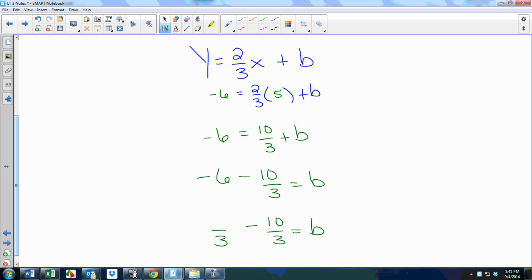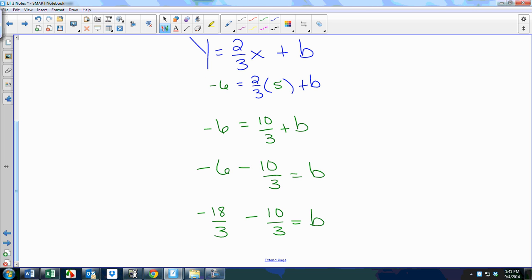So how do you turn a -6 into a denominator 3? Multiply by 3. 6 times 3, that'll be -18/3. If you struggle with that, that's what we're doing in the next lab unit. Adding and subtracting fractions. All right?